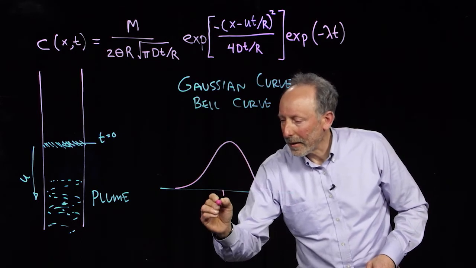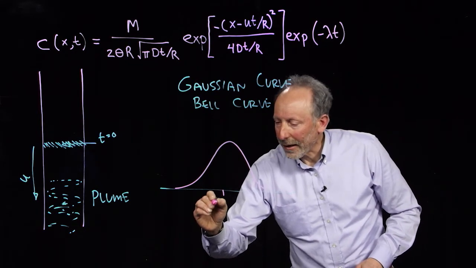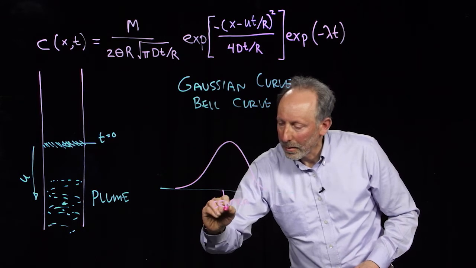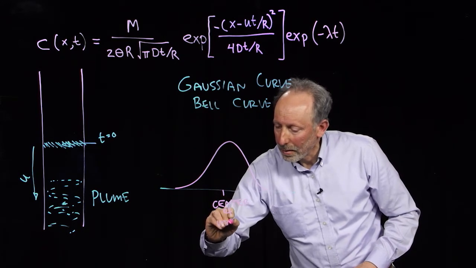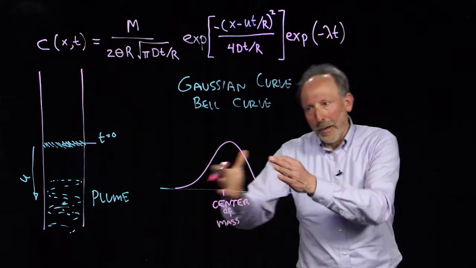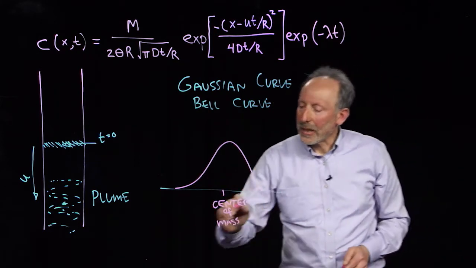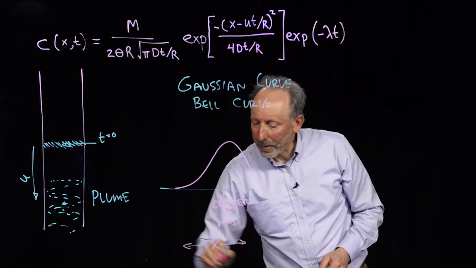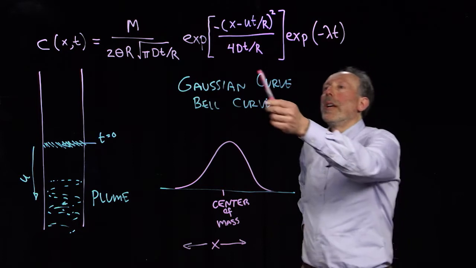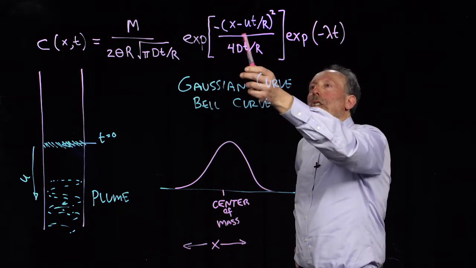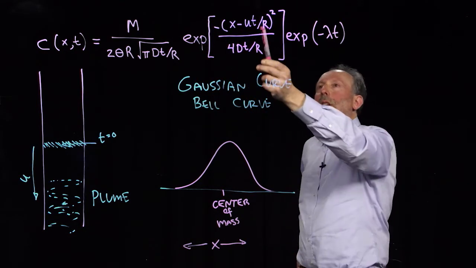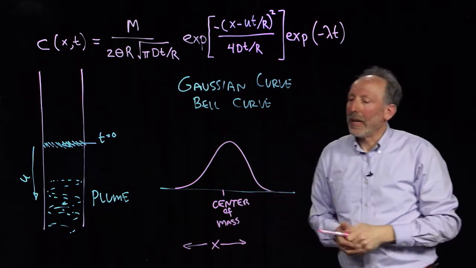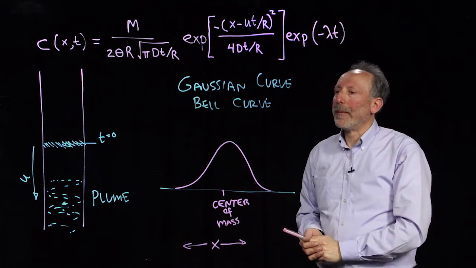This is going to be at the center of mass. And then it spreads out either way symmetrically in space. So we're drawing x in this way. x only shows up here, and so as I go smaller and larger, since this is squared, it's symmetrical. It gets squared, so it has exactly the same value, and it has a classic Gaussian curve.